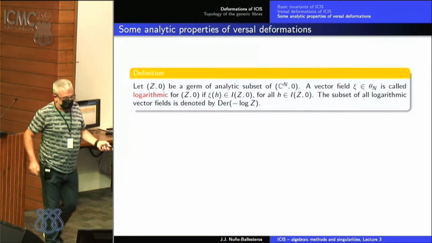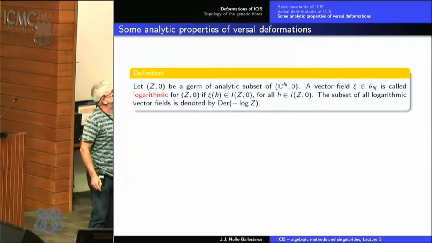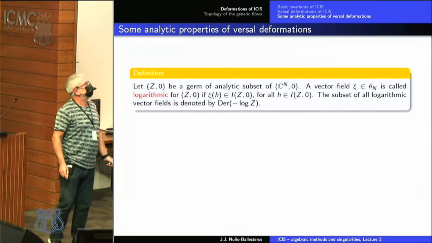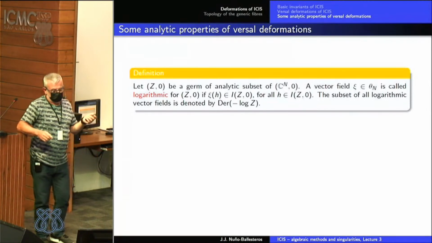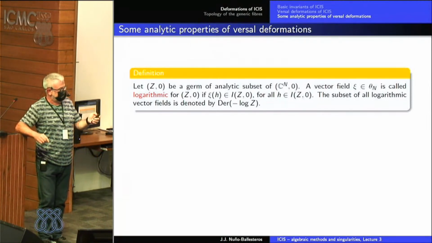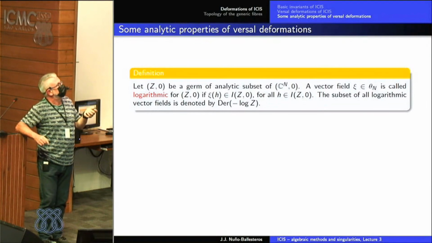Okay, so let's go for the final part of this first half. I'm going to show a very nice theorem that was proved by Looijenga, and it is a byproduct of the theory of versal deformation.